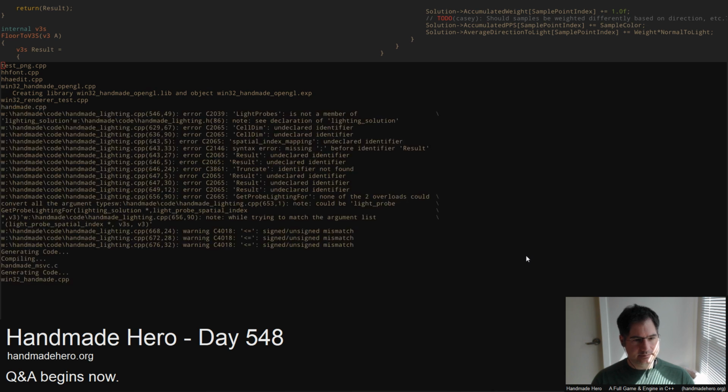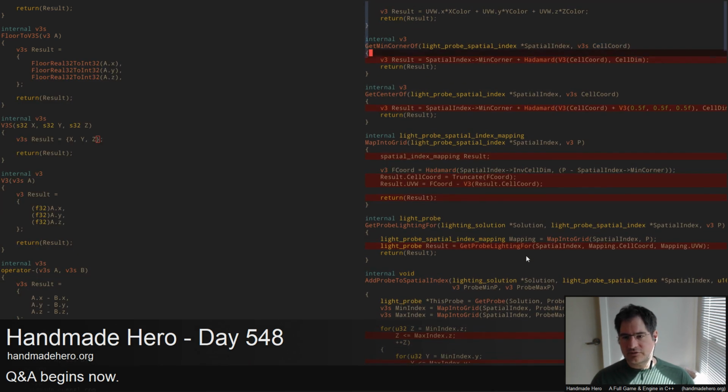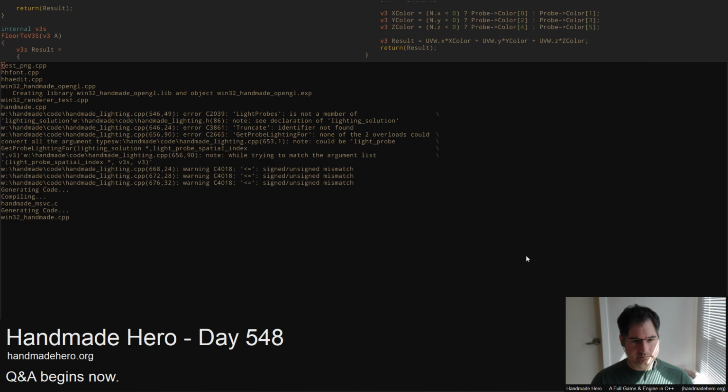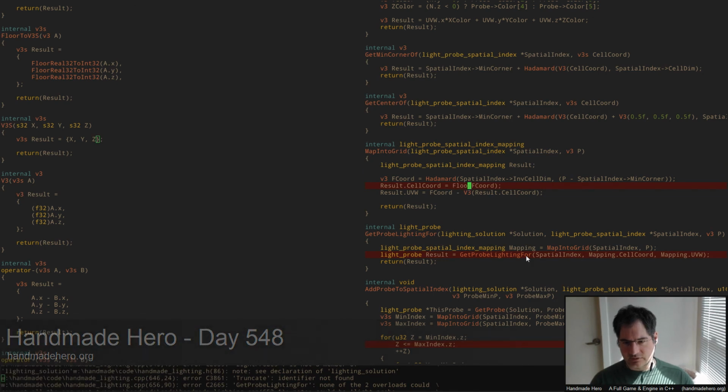Anything else we got? So cell dimension here was just a typo. We meant to get that off of the spatial index, so that's nothing big there. Here, this just needs to get its new ridiculous long name. Here, where we've got that truncate, it's really just called floor.